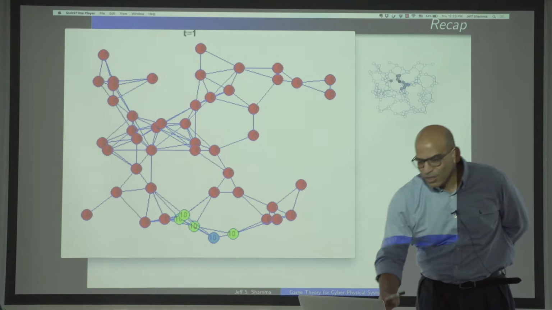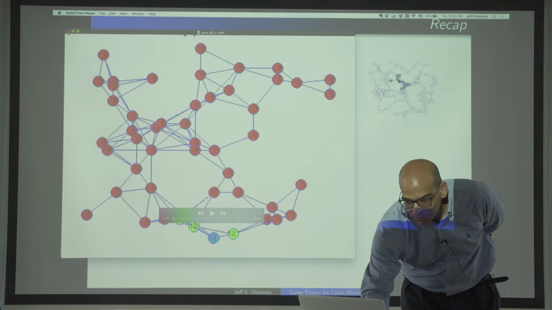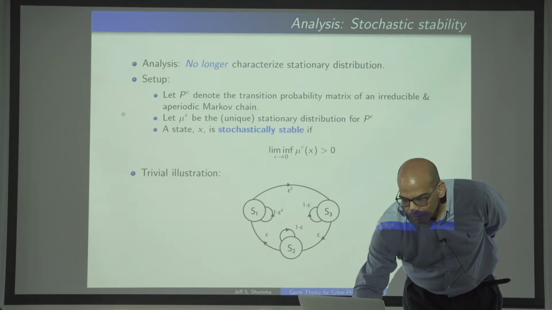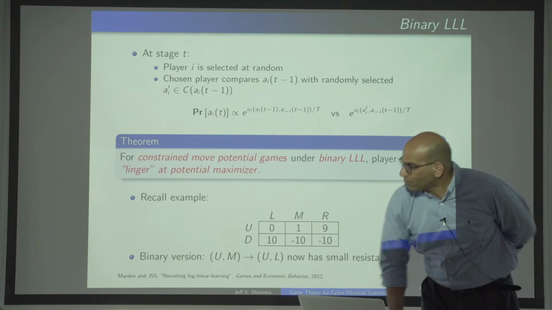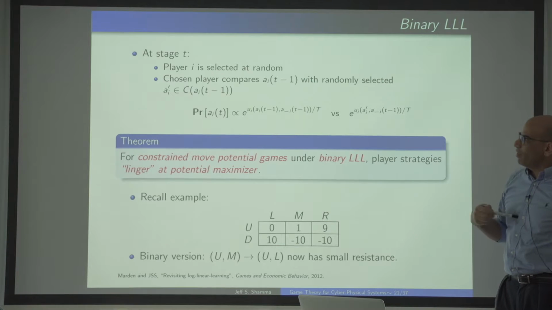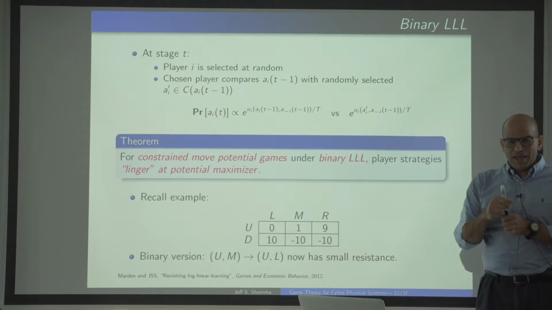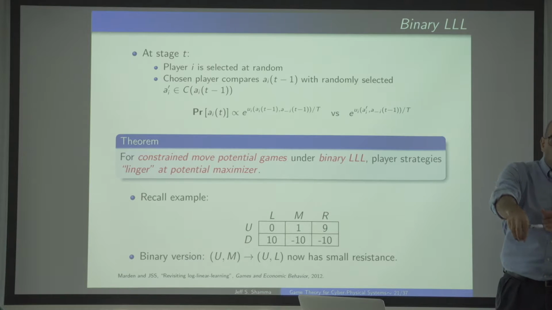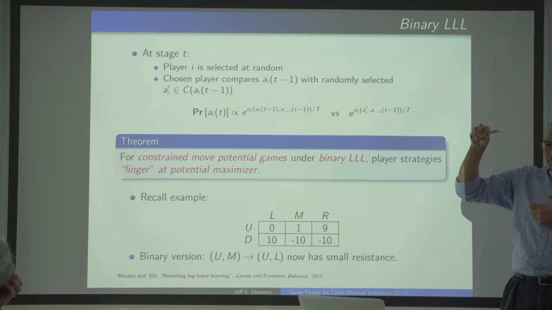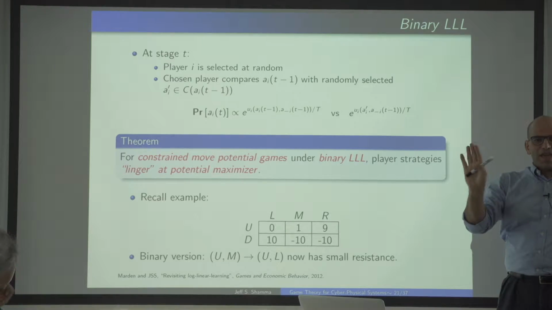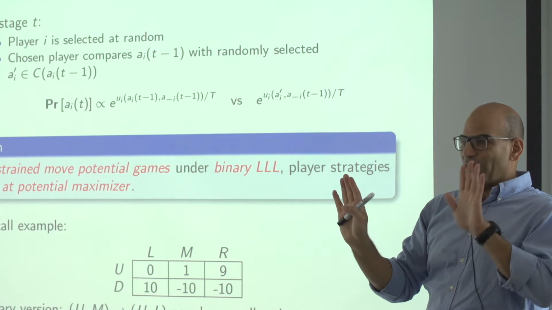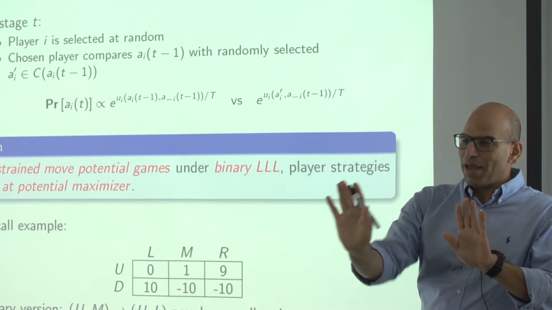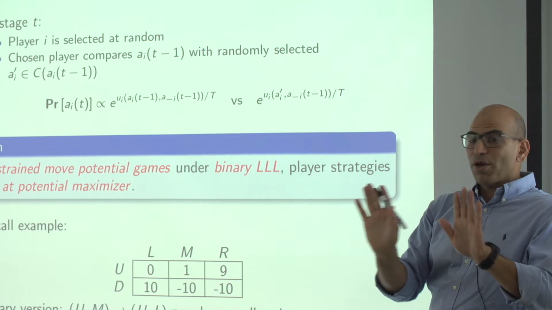So our modification of log linear learning is as follows. Here I am today. I have a small number of options. Pick one of my options. And now I'm only looking at two items. Should I stay where I am, or should I pick that randomly selected option? How am I going to make this choice?